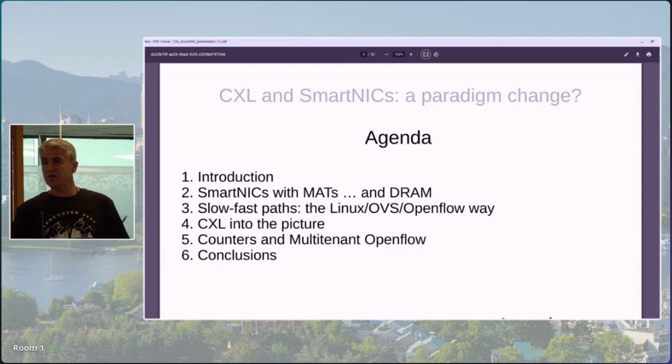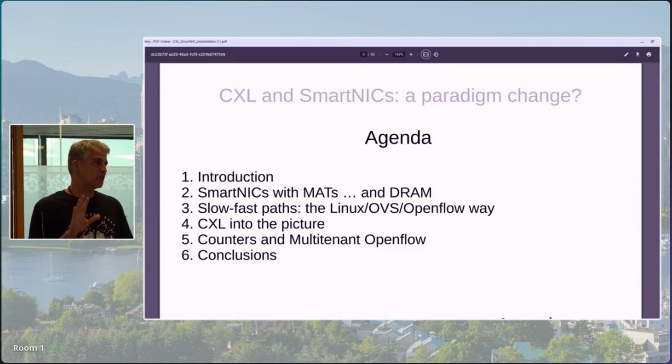I will introduce the concepts of slow path and fast path. Some people here, I guess, are familiar with them, others probably not so much. So I'm going to slightly change this terminology.